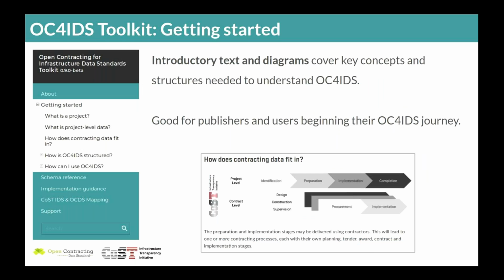Getting Started is always a good place to start. Within our Getting Started section, we try to introduce the key OC4IDS concepts. So we've got things like the definition of an infrastructure project, so we can all agree on precisely what we're trying to define, and the relationship between infrastructure projects and contracts, how CoST IDS and OCDS are structured and what's in there, but also what the structure and the content of OC4IDS is, and the different ways in which OC4IDS can be used.